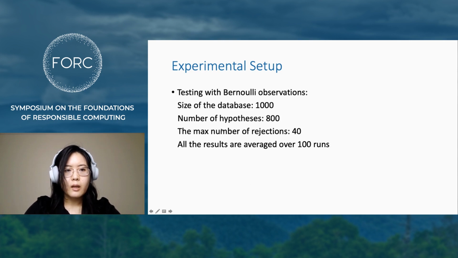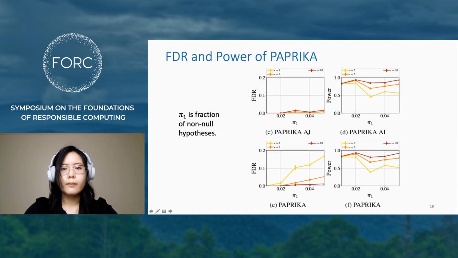And all the results are averaged over 100 rounds. And the figures plot the FDR and the statistical power against the expected fraction of non-nulls with varying privacy parameter epsilon from 3, 5 to 10.